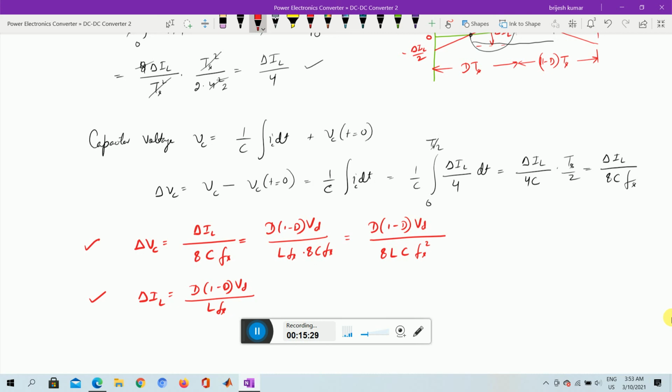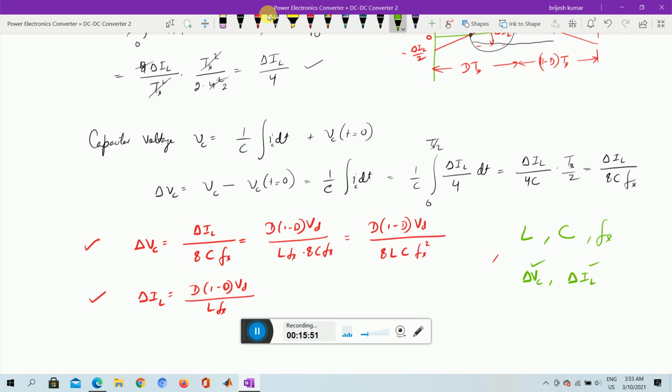In that way we can design L first, then C and the switching frequency, so that del VC and del IL will be in a certain range, and we can control the output current and output voltage.